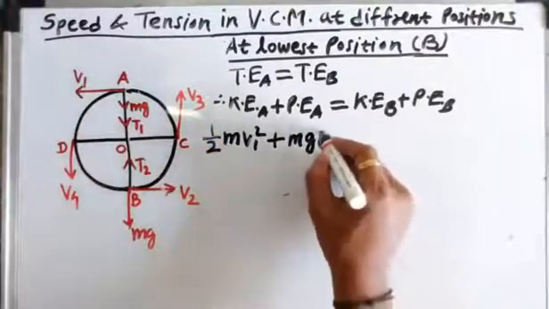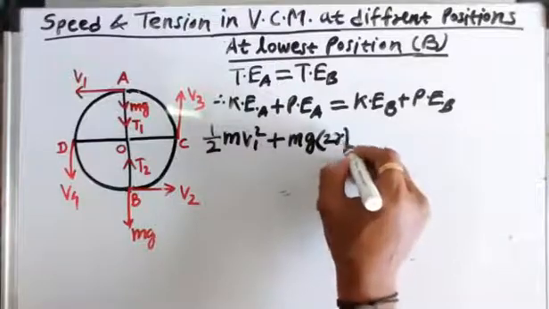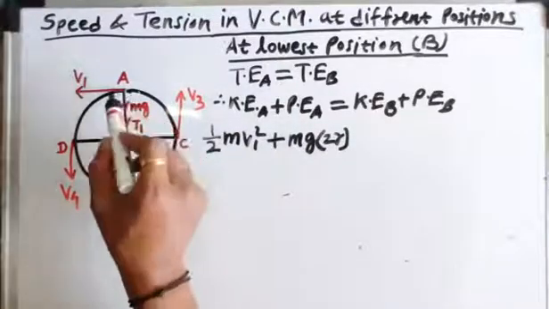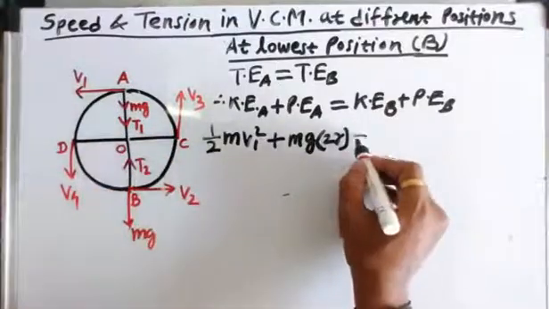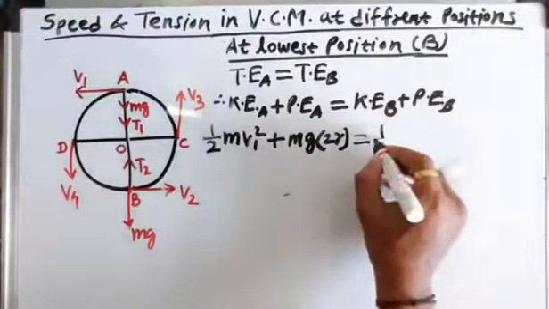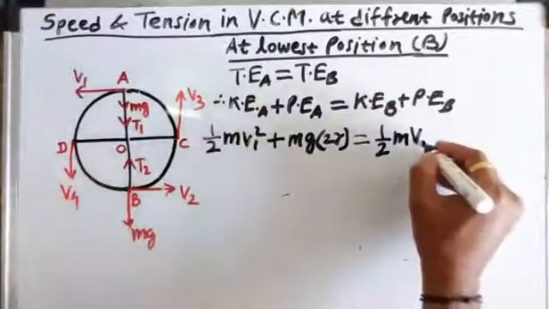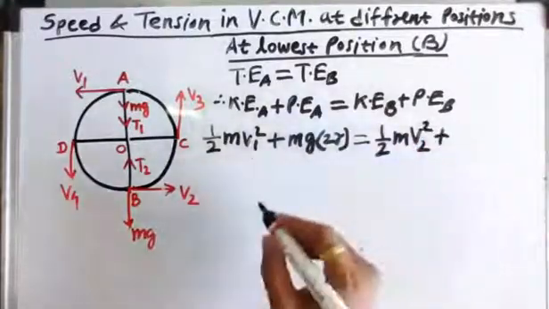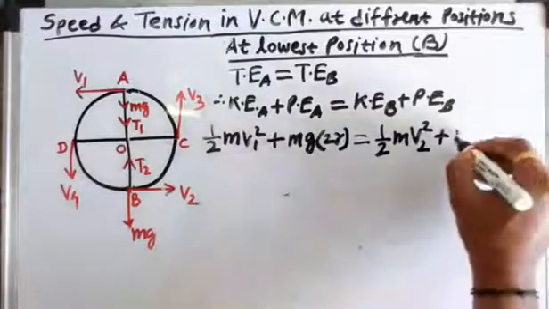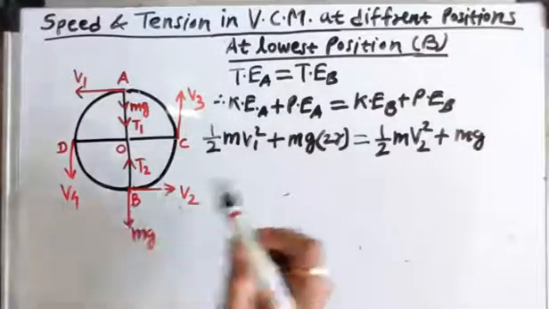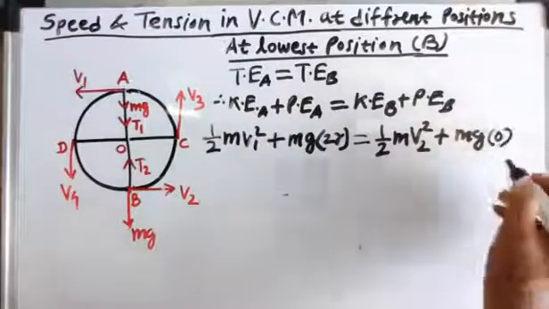So in place of h we put 2r. So mg 2r is the potential energy of the particle at point A, equal to kinetic energy at B, half m V2 square, plus potential energy at B, that is mgh, and since B is at the ground level, h is 0.